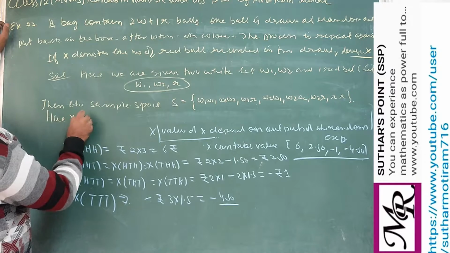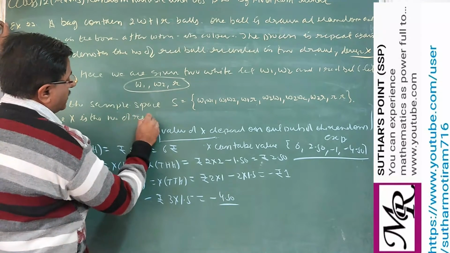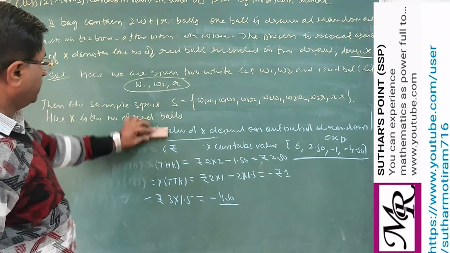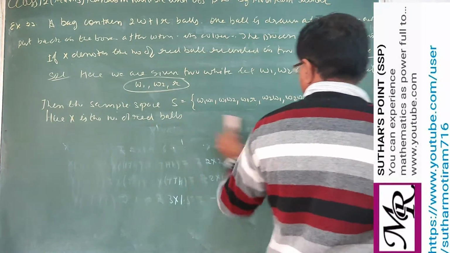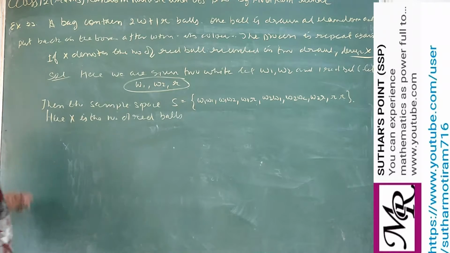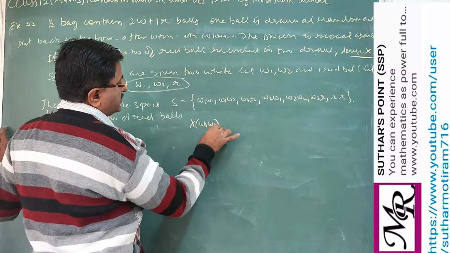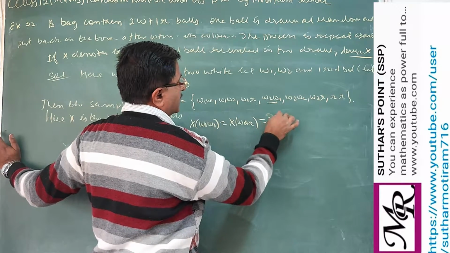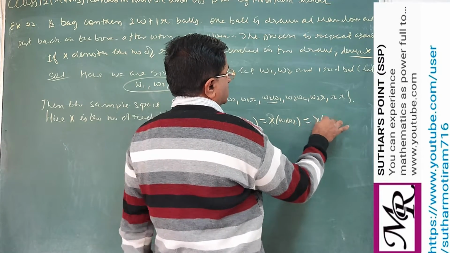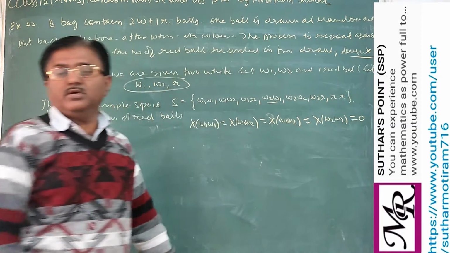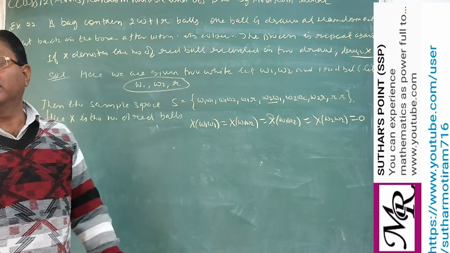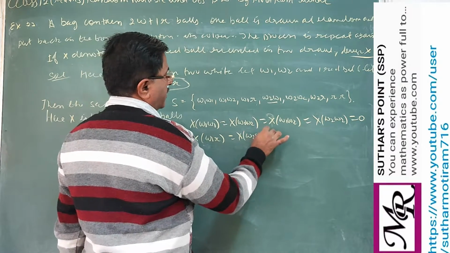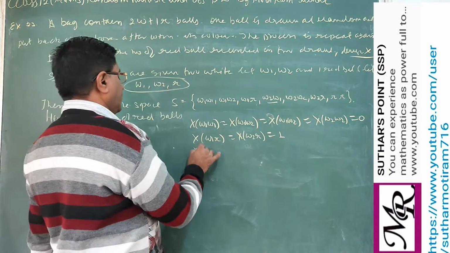Here x is the number of red balls. तो हर एक केस में कितनी रेड बॉल आ रही है वो आपको देखना है. तो रैंडम वेरिएबल, तो फर्स्ट केस में x W1 0 होगा क्यों रेड बॉल है ही नहीं. सेकेंड में भी 0 होगा और इसमें भी 0 होगा और इसमें भी 0 होगा W2 में, तो इन सभी केस में रेड बॉल नहीं है, दैट्स व्हाई वैल्यू ऑफ x विल बी 0. अब 1 किसमें होगा, x W1R ए ग्रेड है, x W2R ए ग्रेड, और लास्ट केस में 2 है रेड बॉल.